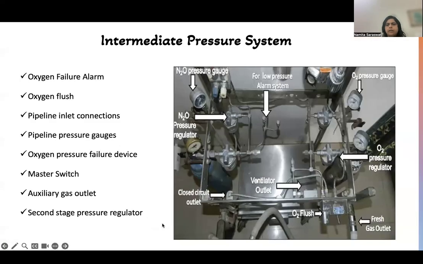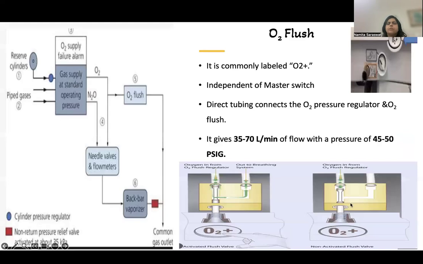Here also you can see these are the oxygen regulators, and a direct tubing is coming towards the oxygen flush. So whenever you push the button of the oxygen flush, the pressure provided will be 45 to 50 psig, and it will give a flow of 35 to 70 liters per minute.